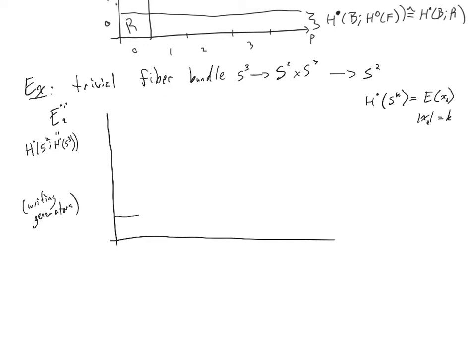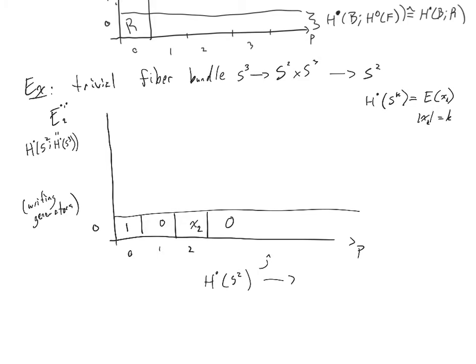So as a ring, the base, so here's my p direction, in this direction this looks like H^* of S^2 in the lowest degree. That's just, I've got a unit in degree 0, and it's S^2, so I've got nothing here, and then I've got an x_2 in degree 2, and then nothing above. All right.